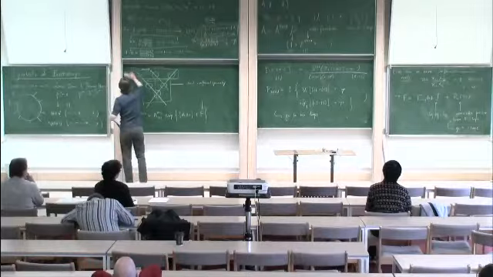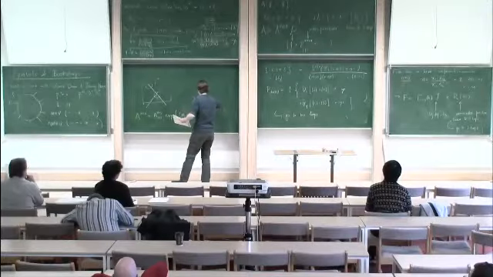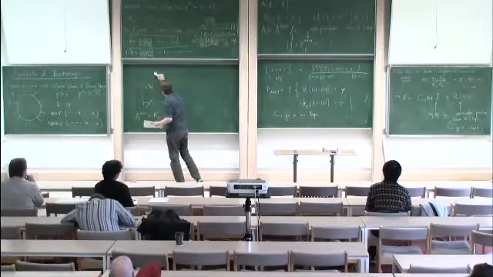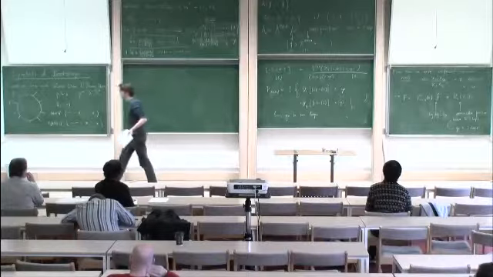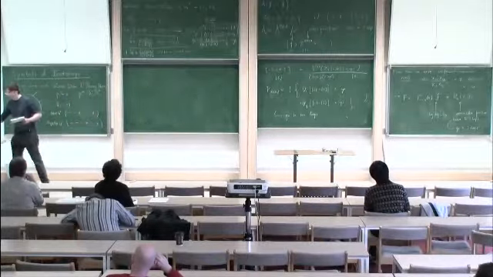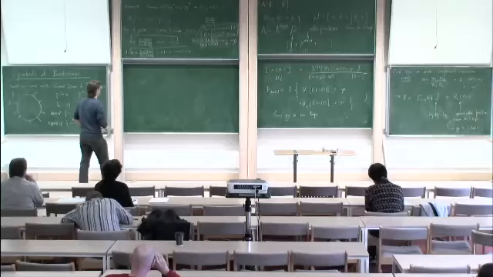So one thing that crops up all over the place in planar n equals 4 is the notion of transcendentality. We heard about this from Paul earlier today, and also from Nastya in the previous talk.